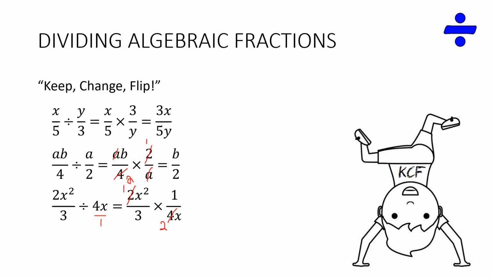So remember that this is x times x, and this is just a single x down here, so it's going to cancel with one of those. So I'm just going to take away the power. Hope that makes sense to you. What are we left here with? I've got x times 1, that's x, and on the bottom 3 times 2 is 6. You can do that in more steps if you want to.